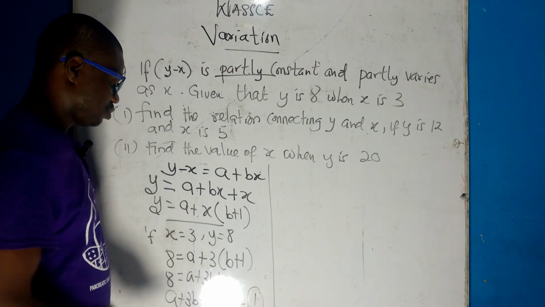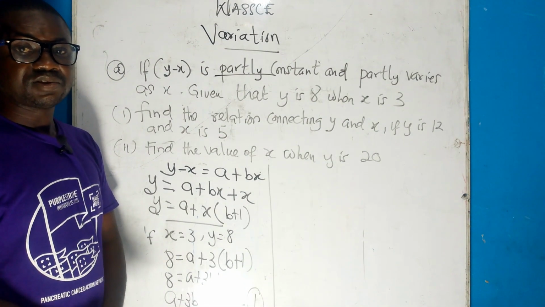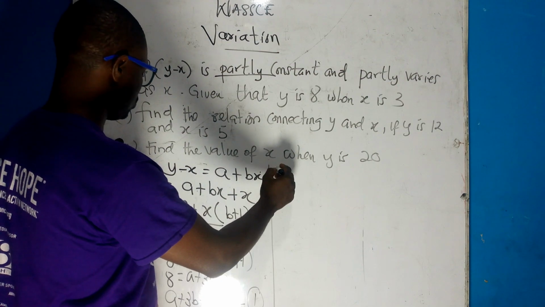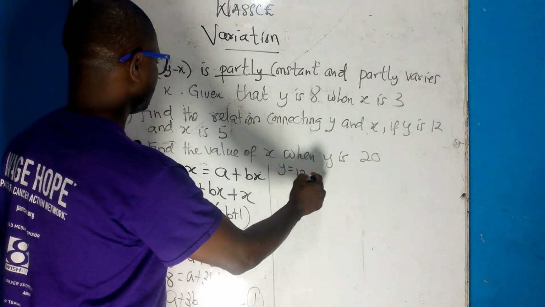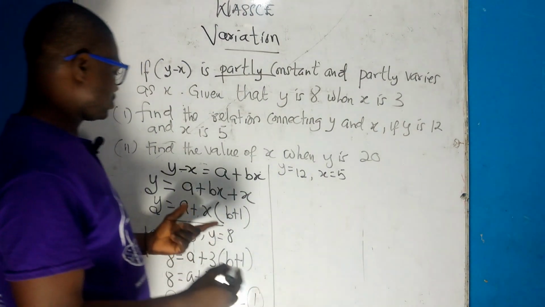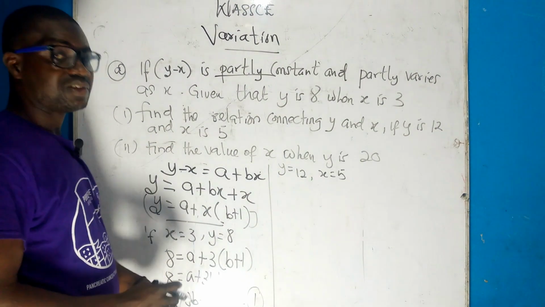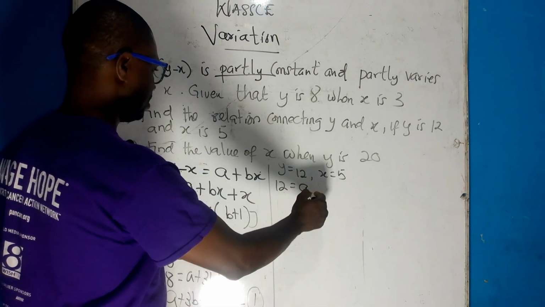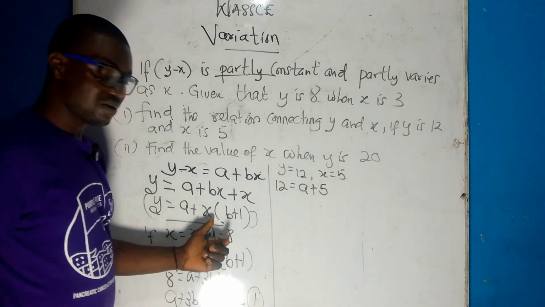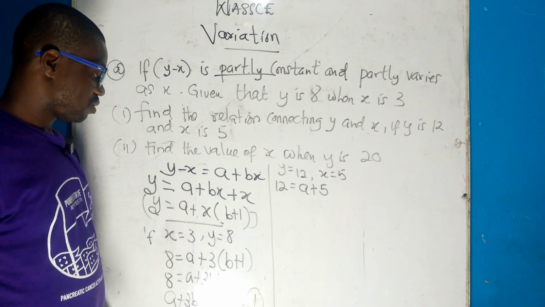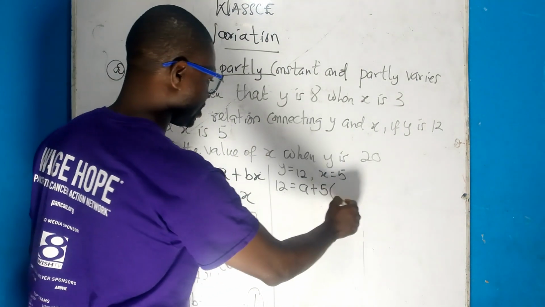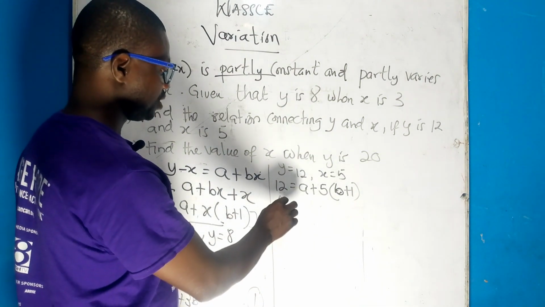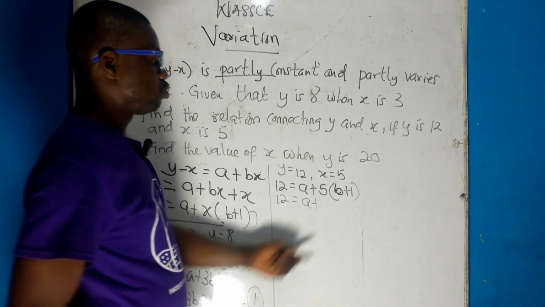So if y is 12 and x is 5, we substitute that into our ultimate expression, giving you 12 is equal to a plus 5, remember our x is 5, into bracket b plus 1.